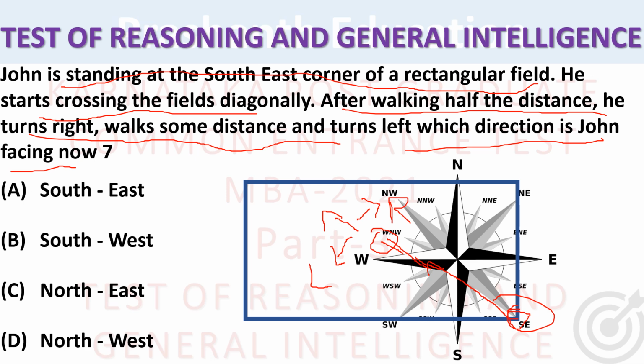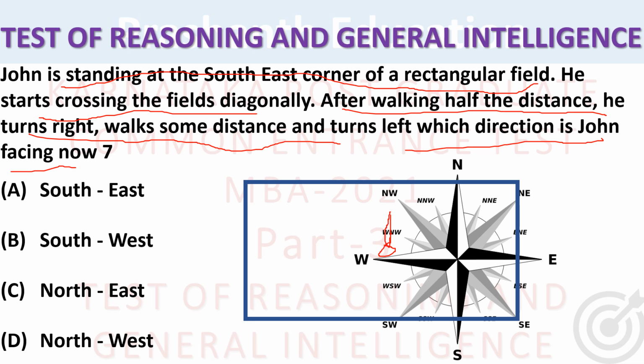Now he turns right. He is standing here somewhere. He will turn right, right means this side, and he will walk some distance. We don't know how much distance he travels.